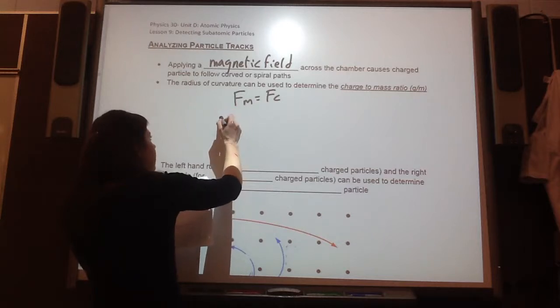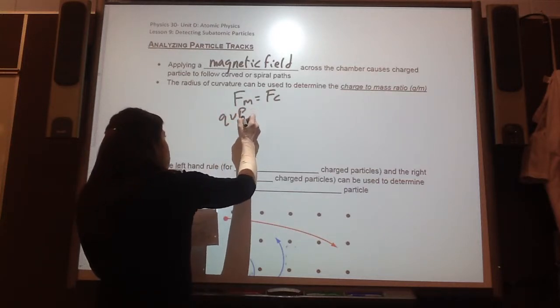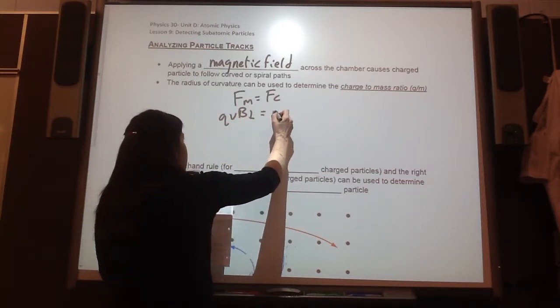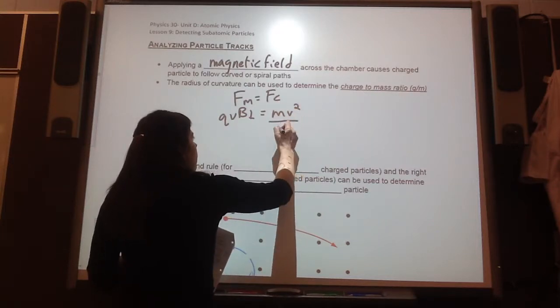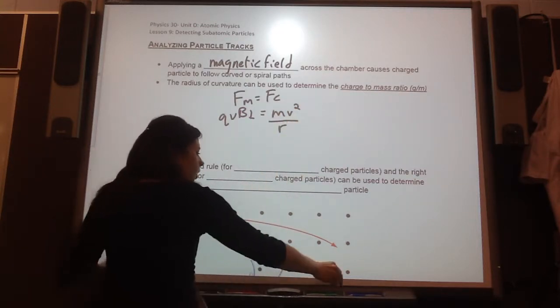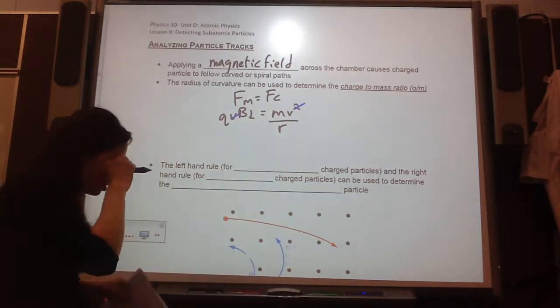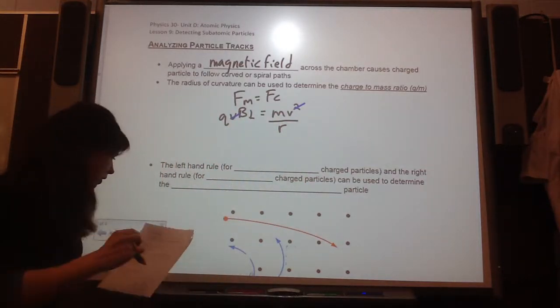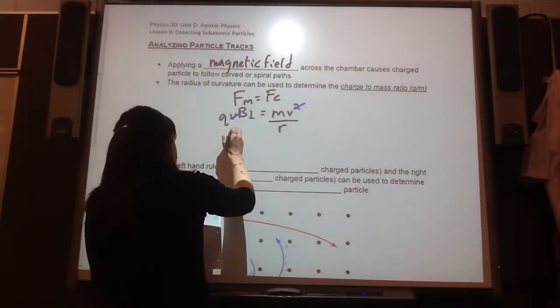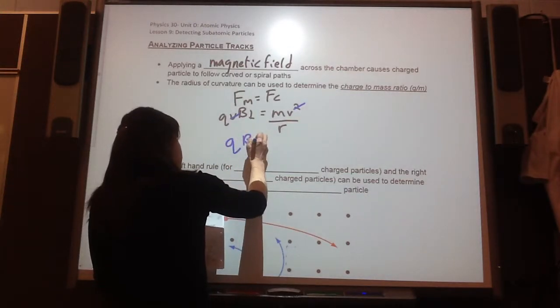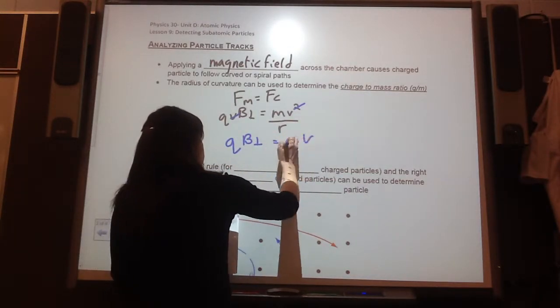So if we expand that, qvB perpendicular is equal to mv squared over r. I can simplify by crossing off two of the v's there. So then I have qB perpendicular is equal to mv over r.